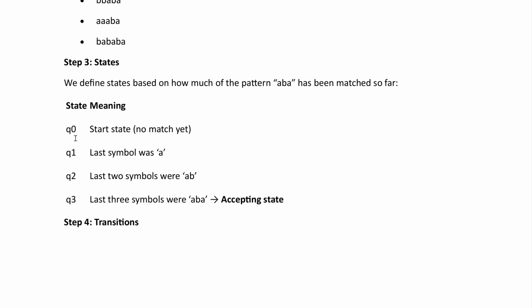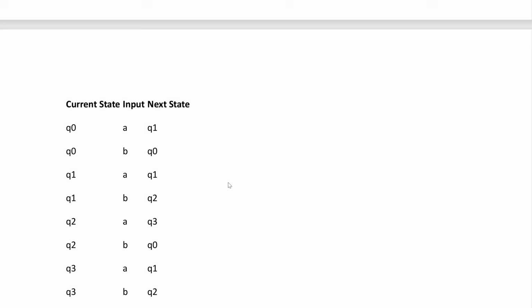In Q0 we are in the starting state. When we reach state Q1, the last symbol was A. When we reach state Q2, the last two symbols were AB. When we reach Q3, the last three symbols were ABA. So Q3 will be the accepting or final state. You can easily draw the transitions as I have explained.